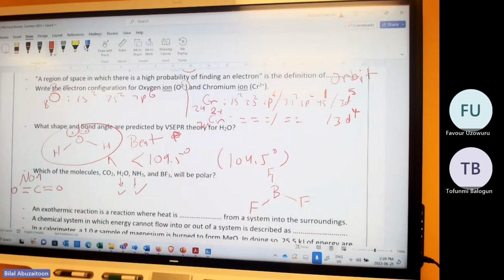What about NH3? Polar. N has a lone pair, right? Trigonal pyramid, and since there's a lone pair on the central atom, it is polar. The NH3 is trigonal pyramid, the CO2 linear, the H2O bent, and the BF3 trigonal planar, or planar triangle.